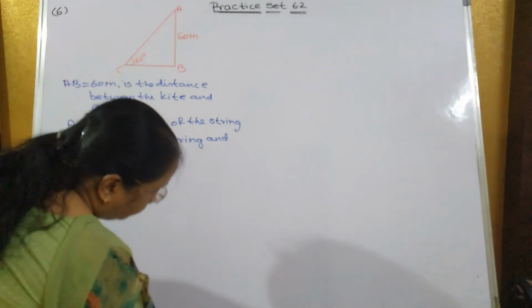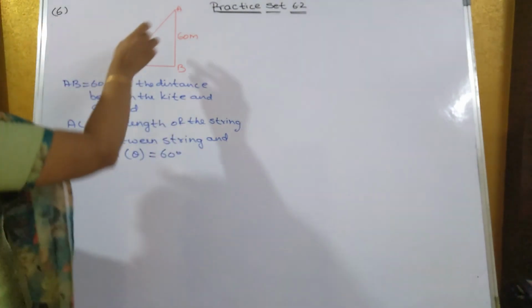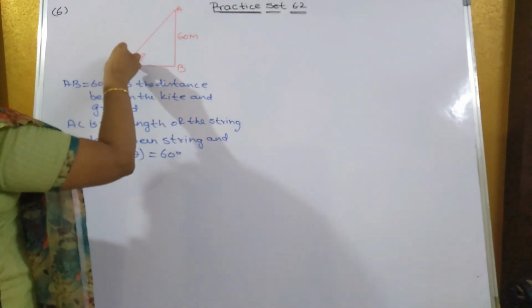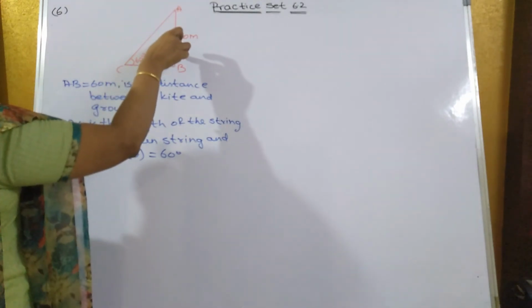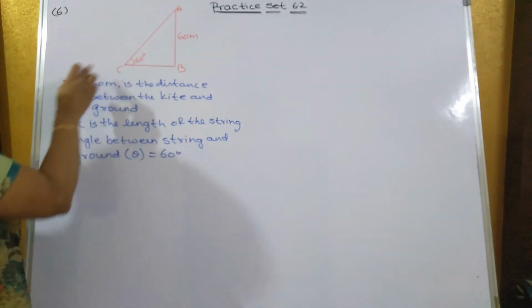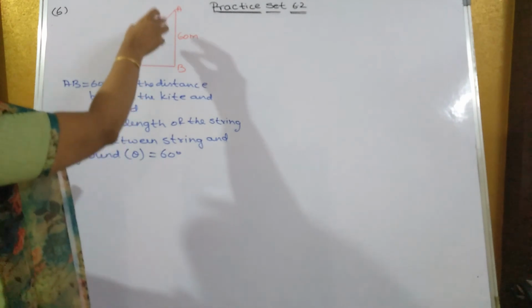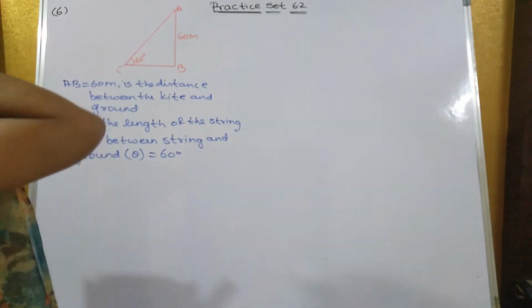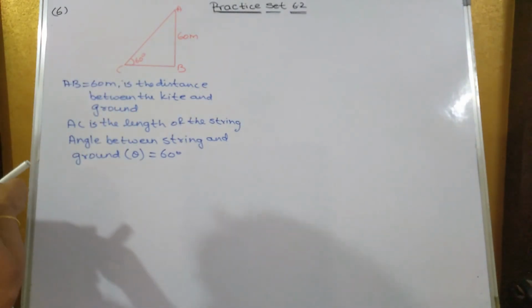Now we have the opposite side. This is the angle, and the side opposite to angle 60 degree we know, and we have to find out the hypotenuse, that is the length of the string. So opposite side upon hypotenuse comes in which trigonometric ratio? Sine theta.